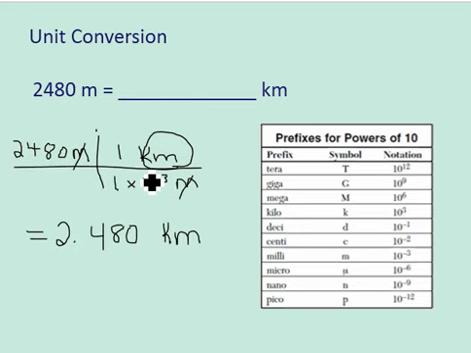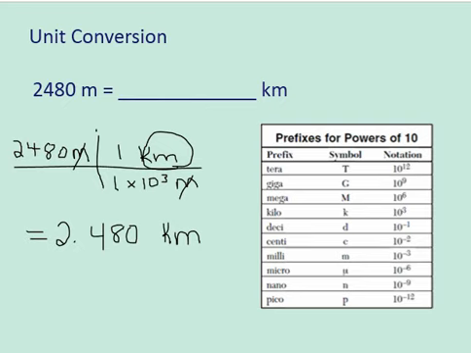So that way I know which way I'm going. I'm not having to remember, is it 1,000 kilometers in a meter, or is there 1,000 meters in a kilometer? If I can use these prefix powers over here and simply substitute the prefix, that K, for the power difference, all of a sudden I get my ratio pretty easily. Hopefully that makes sense, and if not, we'll do some more examples in class.